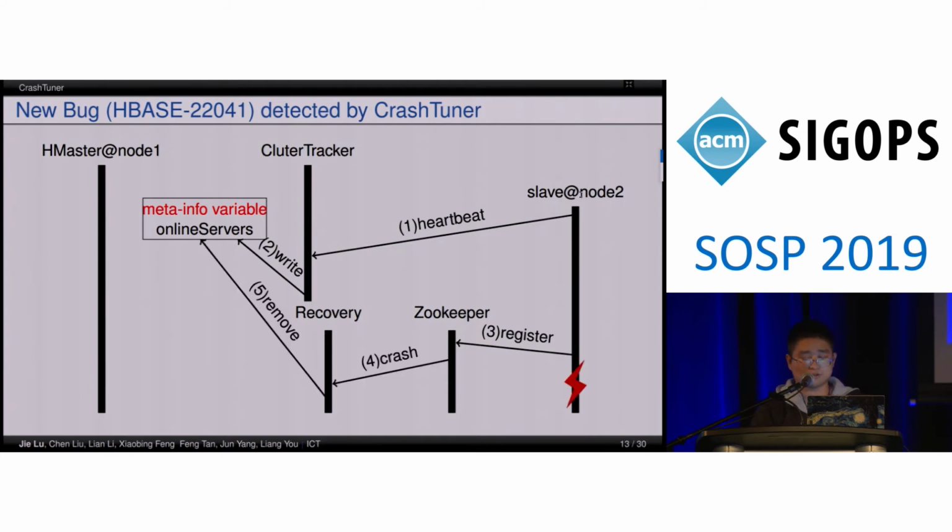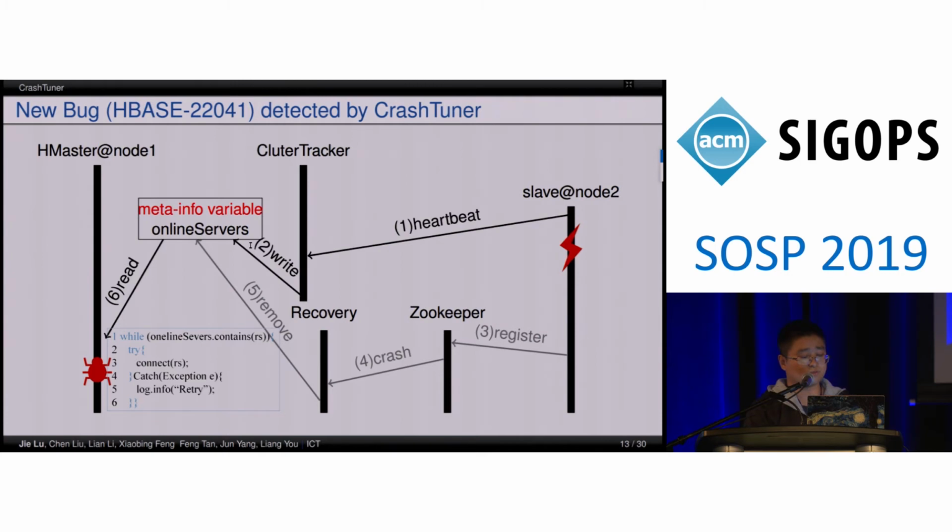When the node crashes, ZooKeeper detects the crash and tells the recovery process to remove the dead node from the online service. But if the node crashes just after the tracker writes the meta-info variable, the dead node will still exist in the online service.